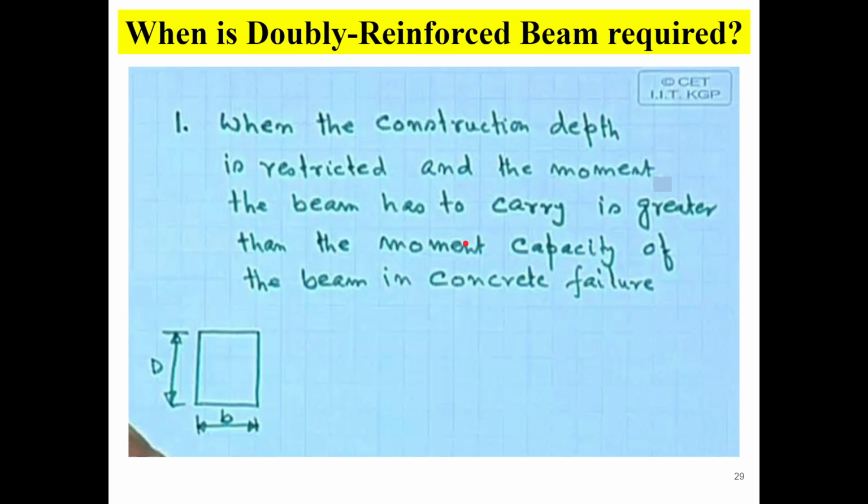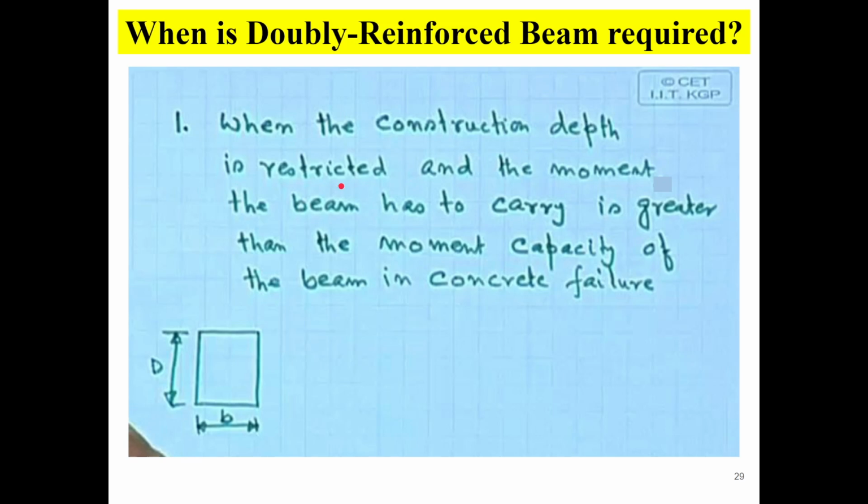But there are many cases when the construction depth has to be restricted. D is squared, so if you increase the depth by twice, the moment carrying capacity will increase 4 times. Unfortunately, in some conditions the depth can't be increased at will.